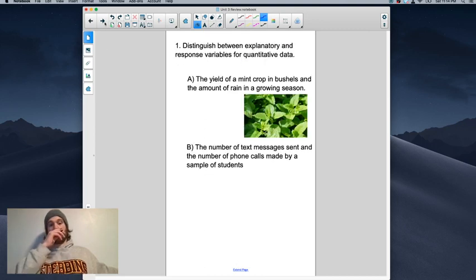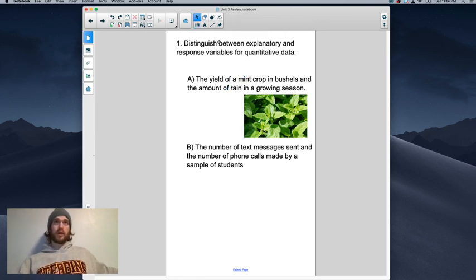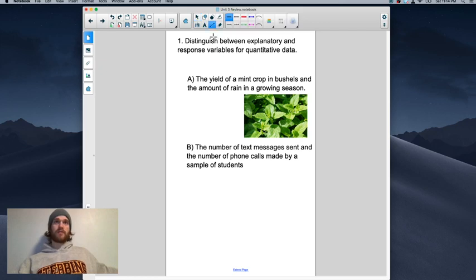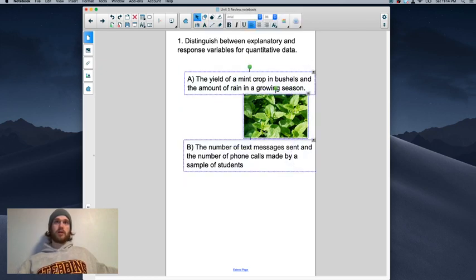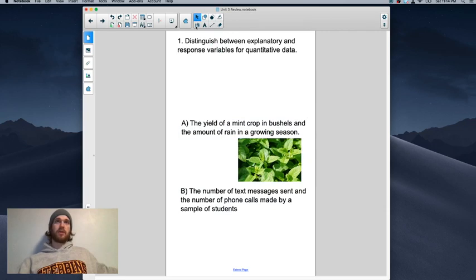Before we begin, we need to remember if you have two variables in a study, then you need to be able to distinguish which one is X and which one is Y, because it makes a difference. In terms of how we structure our graphs, typically you're going to see a horizontal and a vertical axis.